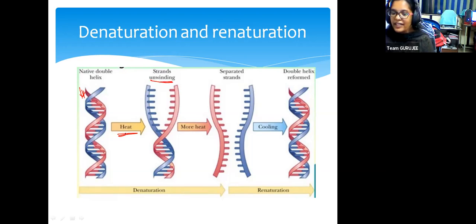If you are treating DNA with heat, it will unwind. If you give more heat, the two strands will separate. But it can be renatured again by cooling. Denaturation and renaturation are the two important properties of DNA.